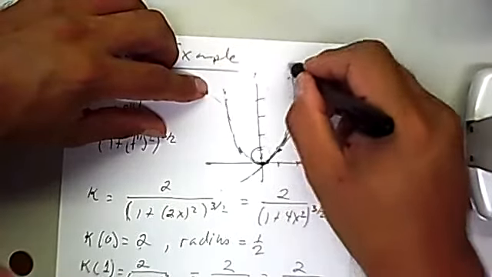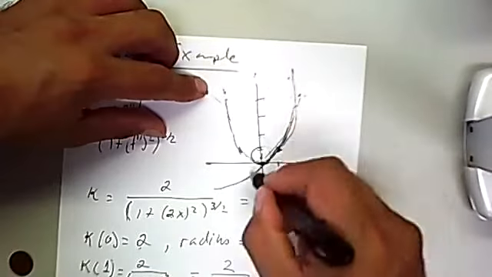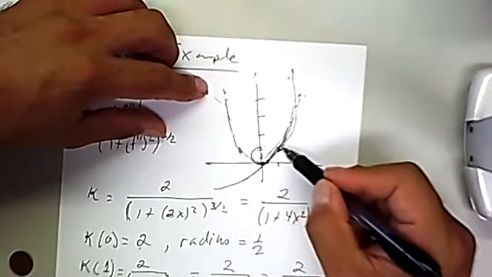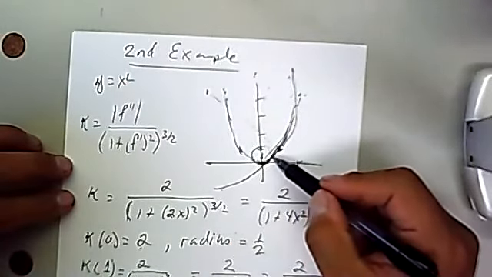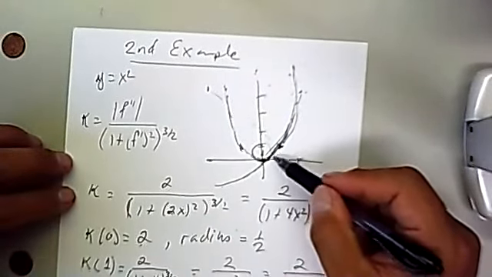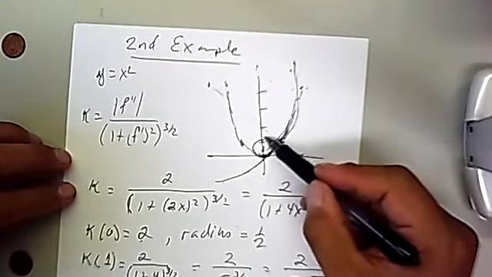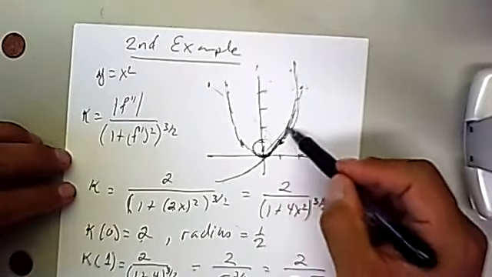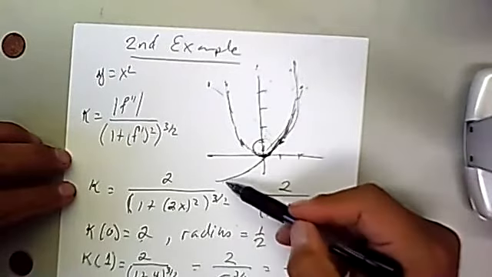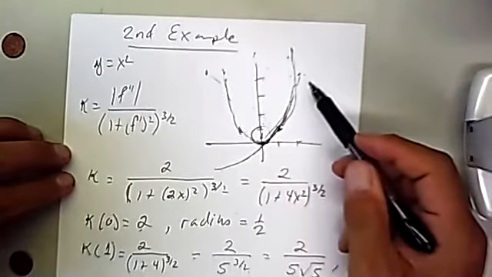Kind of makes sense. Big circle here that approximates the parabola at this one point. This is interesting. The circle gets very, very big very quickly. The circle is tiny here, radius of 1/2, and then it gets way bigger.